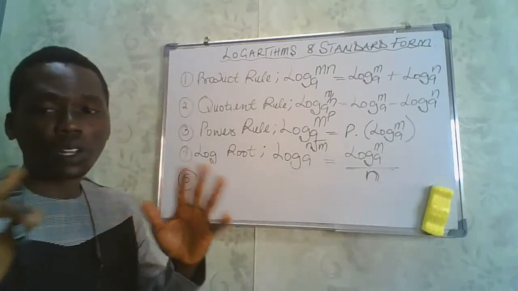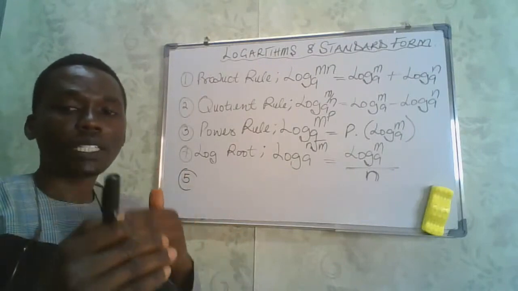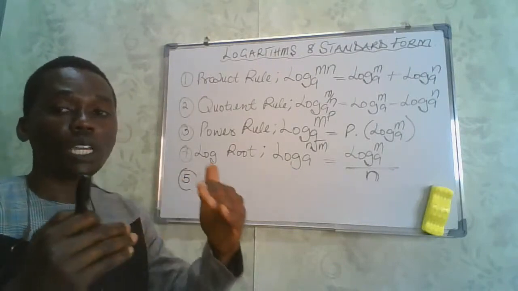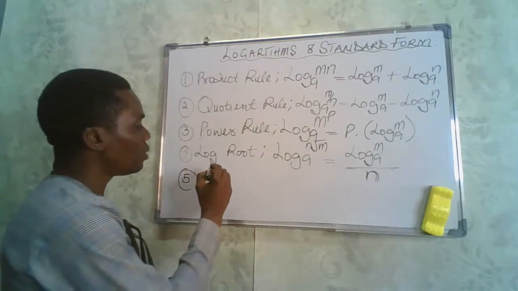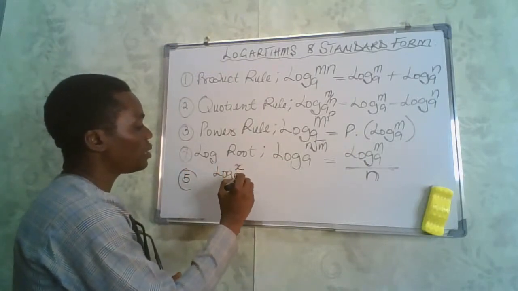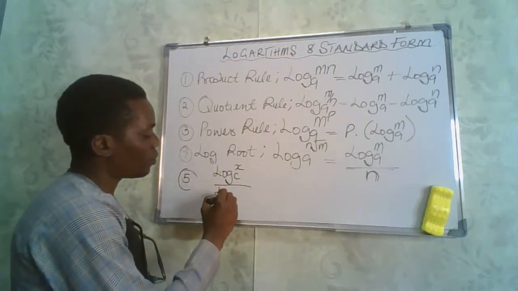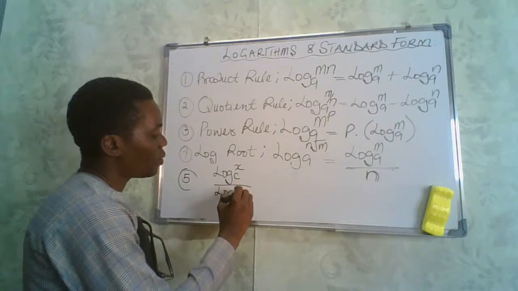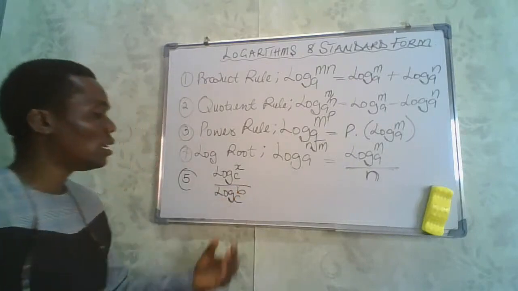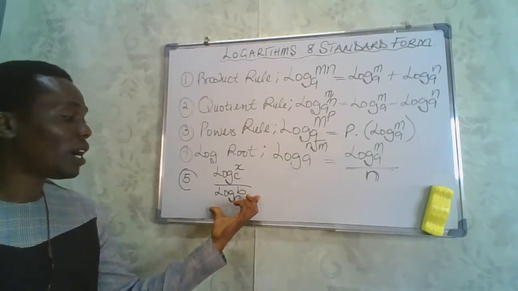Let me explain it better for you, because we are going to look at the change in base. Now, if you have the log of x base c divided by the log of b base c, we are simply changing base because we have a common base.